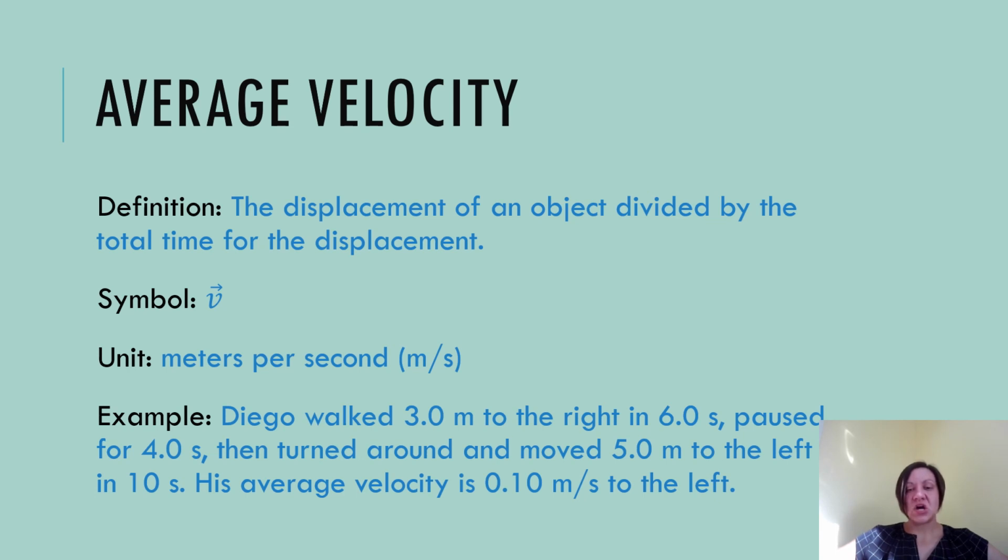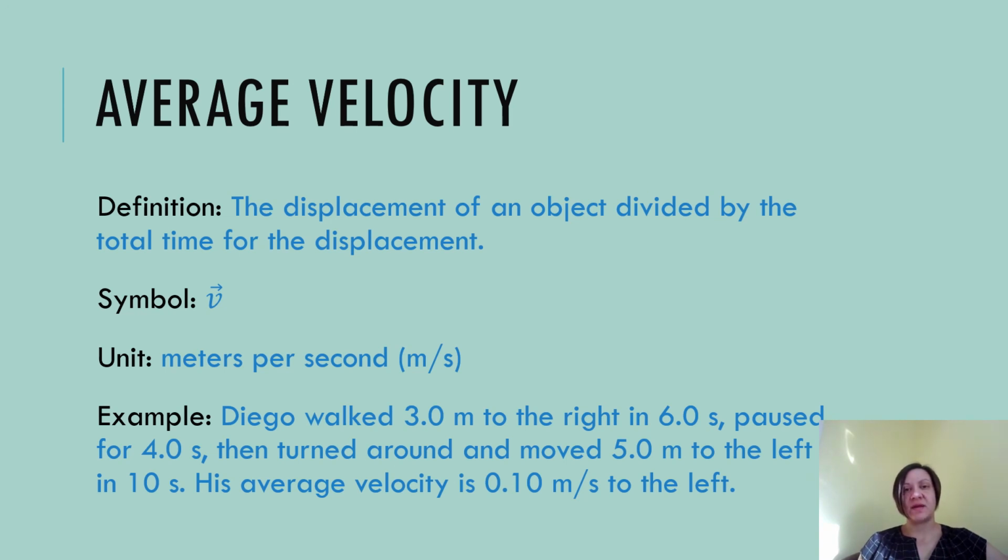Now, we know from the slide on displacement that Diego's displacement was 2 meters to the left. And then we divide that by the total time that it took. So the total time being 6 seconds plus 4 seconds plus 10 seconds. So we have 2 meters to the left divided by 20 seconds. And that's how we come up with this average velocity of 0.1 meters per second to the left.